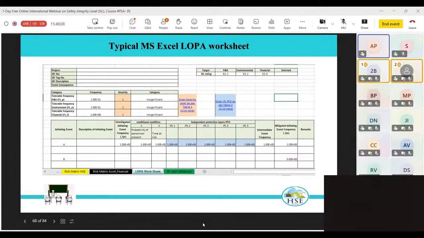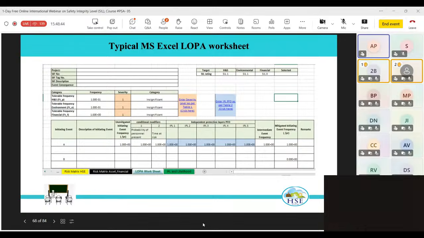That is a typical LOPA worksheet. Here we have the project, then the SIF number, then the SIF tag number, which you need to note down. Then the SIF description, which means what it is doing. So in our case, whenever the pressure goes above 70 bar G, the PSH loop is activated and it shuts down the SDV valve to stop the flow.